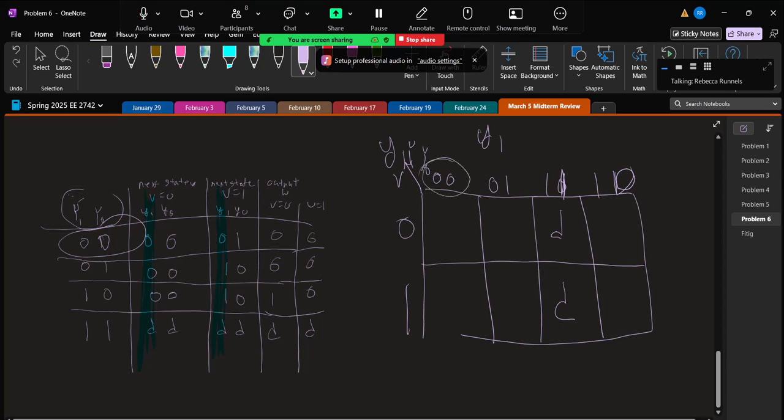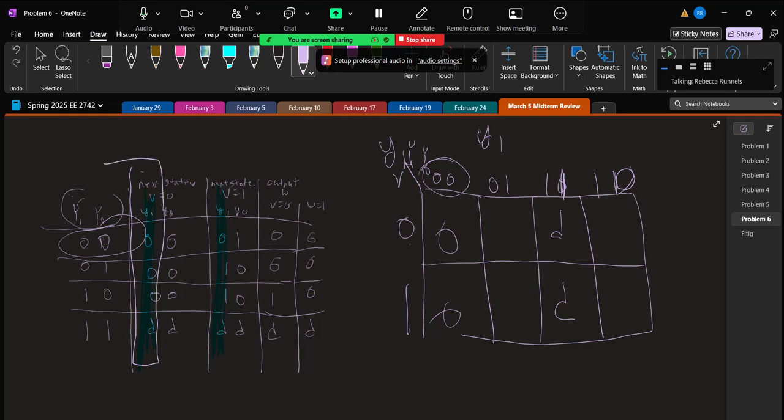So that's this column right there. Then when V is 0, y1 is 0. And when V is 1, y1 is also 0. As a matter of fact, when I look at V equaling 0, this column right here, y1 is always 0 except for when it's a don't care. So I know it looks like that.